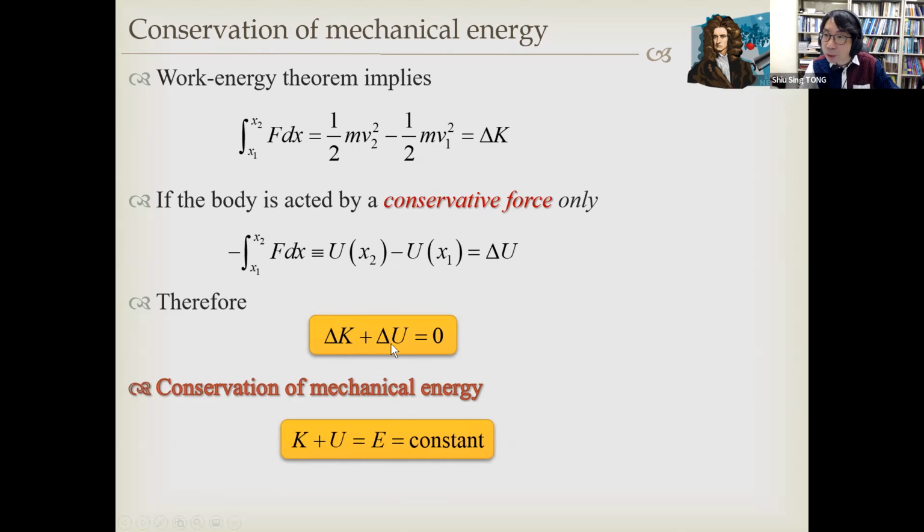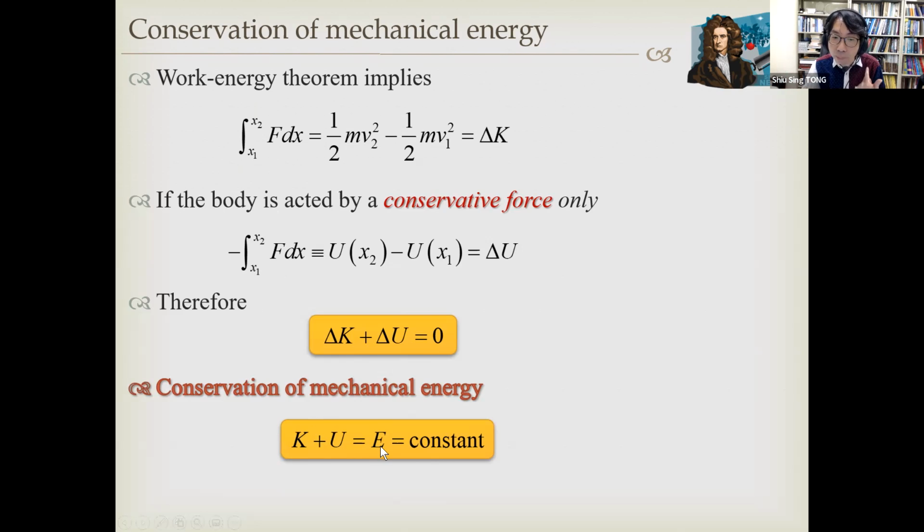In this equation the two changes sum to 0, meaning that when one of them decreases, the other increases. If the kinetic energy decreases, the potential energy will increase, and vice versa. So the total energy remains constant.